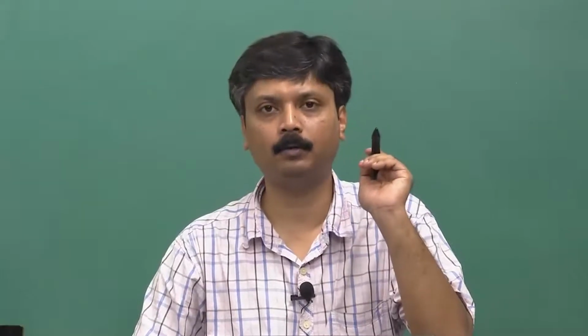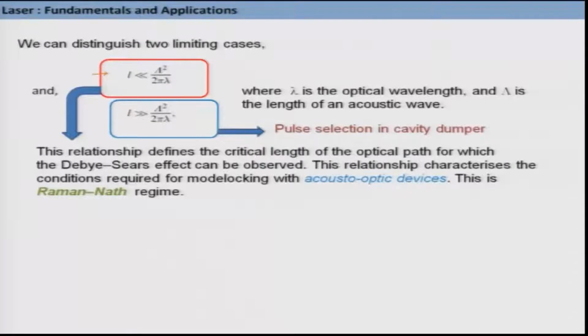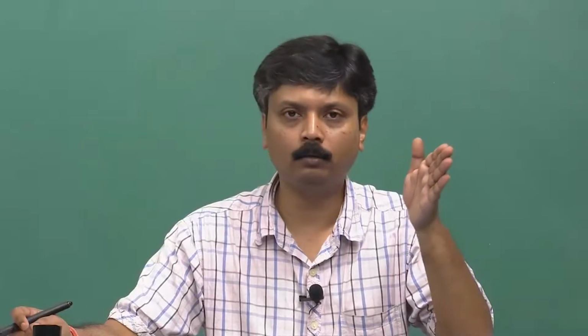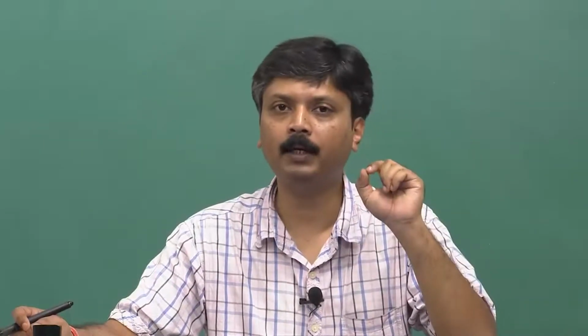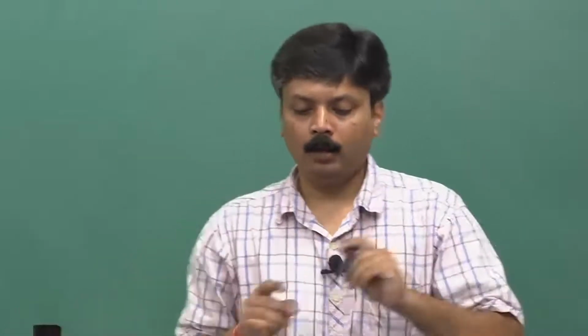I can have a situation where I can select one pulse in the cavity and dump everything else, and essentially we can use it for cavity dumping. If you look back at the case where we did the cavity dumping, you will be able to relate this. Okay.